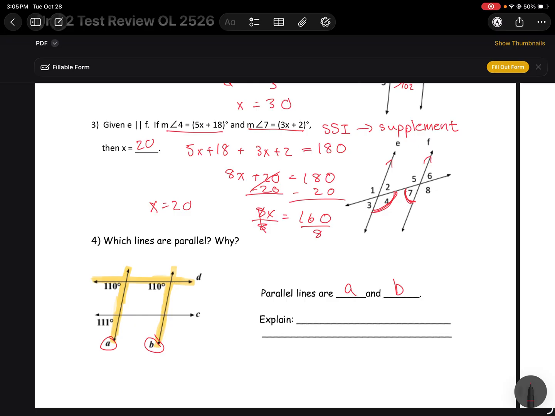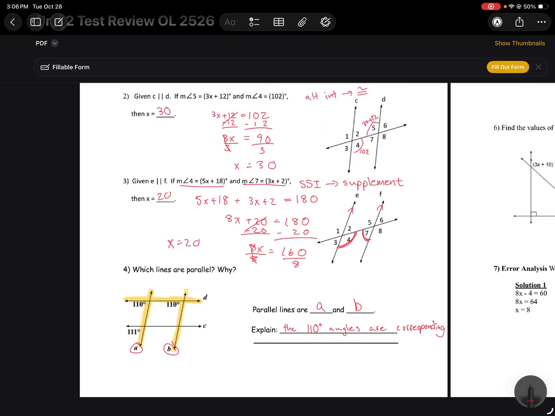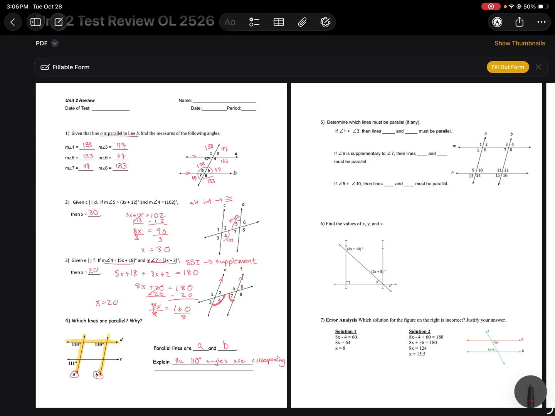And then to explain, it is because these two are corresponding. The 110 degree angles are corresponding. That means that this should go here. This should go here.